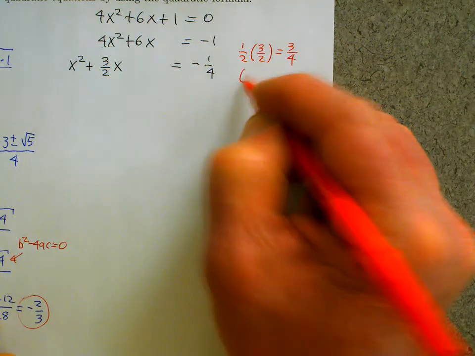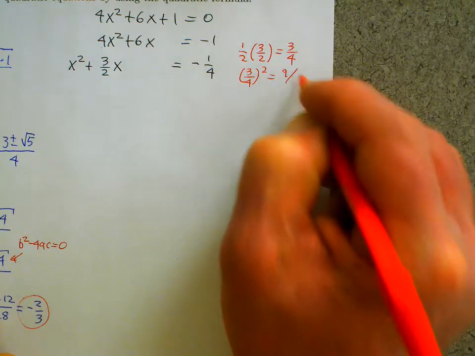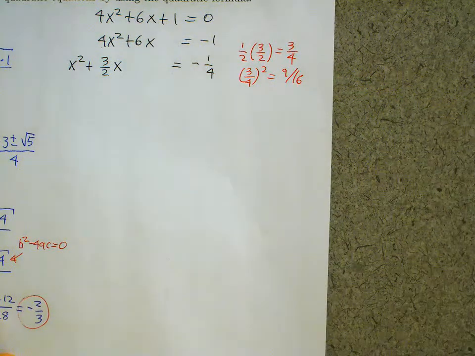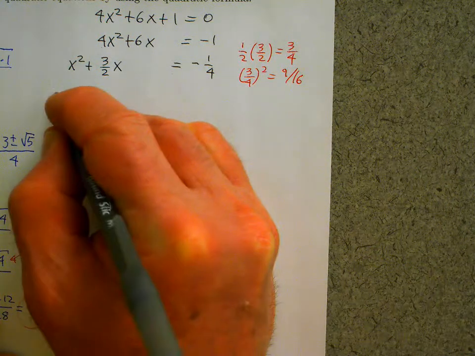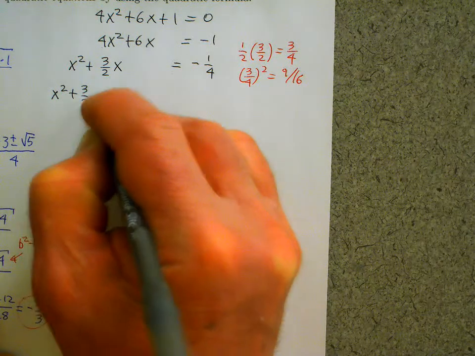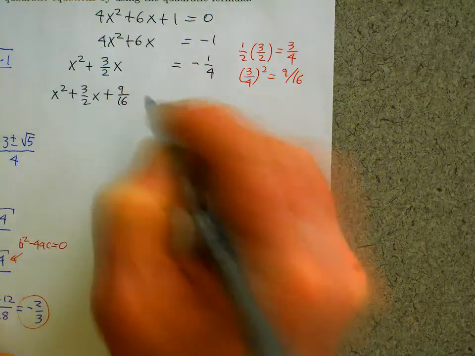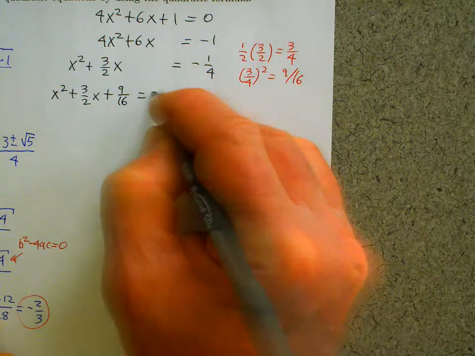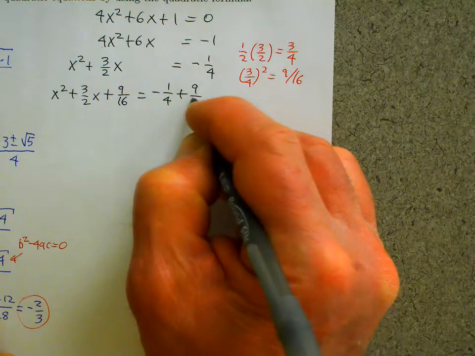And then we square 3/4 to get 9/16. So that is the number that we're going to add to both sides. So we'll have x squared plus 3/2 x plus 9/16 equals negative 1/4 plus 9/16.